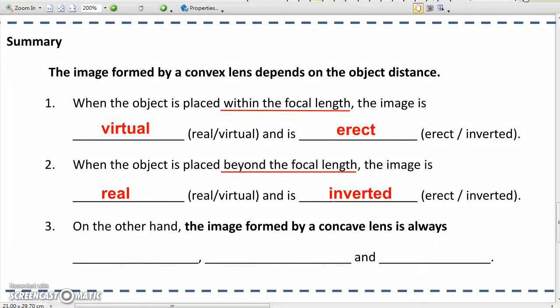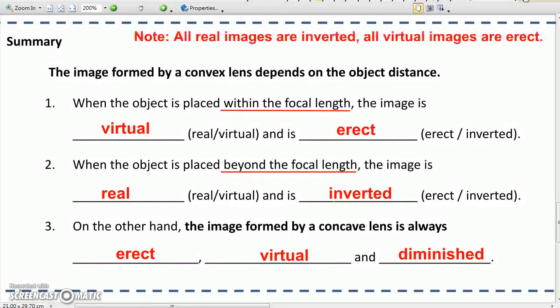On the other hand, the image formed by a concave lens is always erect, virtual, and diminished. From these observations, we find that all real images are inverted and all virtual images are erect.